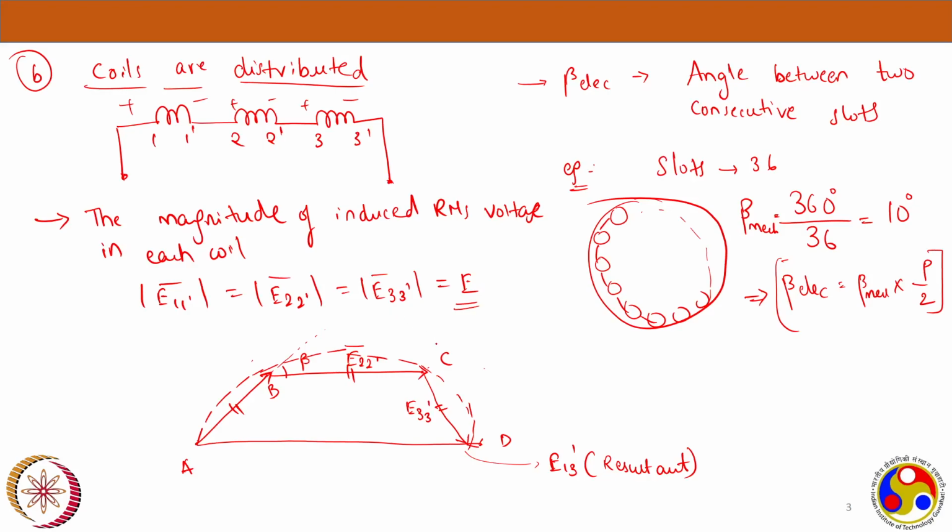Now, this is the beta, and this is again beta. And if I try to locate the center of the circle, now this is the circle, and somehow it will be like around here, maybe somewhere around here.